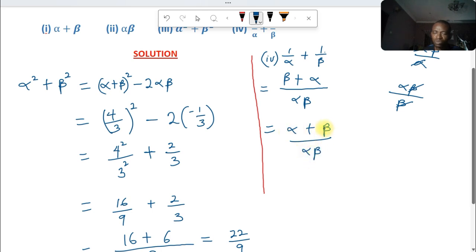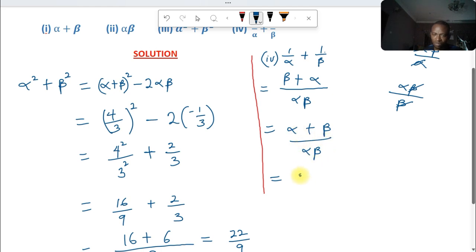The one at the top stands for the sum of the roots. The one at the denominator is the product of the roots. So what does this tell me? I have already obtained the answer to this in Roman figure 1, and I already have the answer to this in Roman figure 2. The next thing for me to do is just to slot in the values and move on.